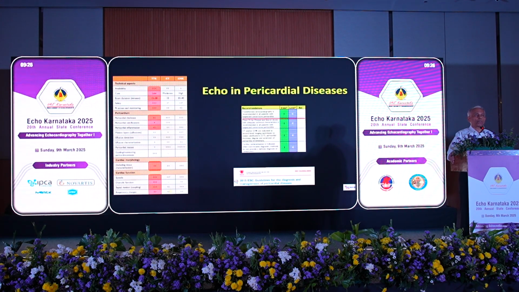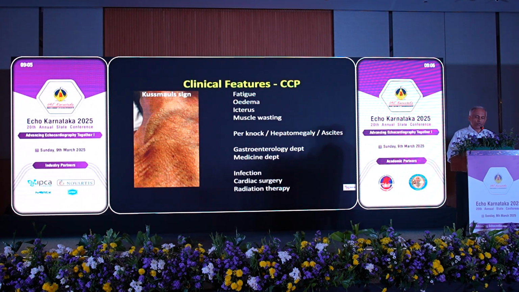It is very good at picking up pericardial effusions, but when it comes to pericarditis, inflammation of the pericardium itself, it is not so good. So a lot of minuses are there, and that is where CT and MRI do much better. But the flip side is that echo is the first line of imaging, and that is why it is very important to know your pluses and minuses before you start to diagnose.